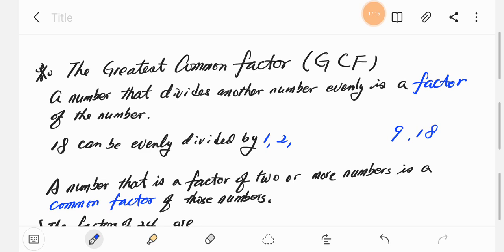How about 3? Yes, 3 times 6 is 18, so 6 also can divide 18. How about 4, 5? No. So 1, 2, 3, 6, 9, 18: there are 6 numbers that can divide 18. We call each number a factor. So there are 6 factors of 18.